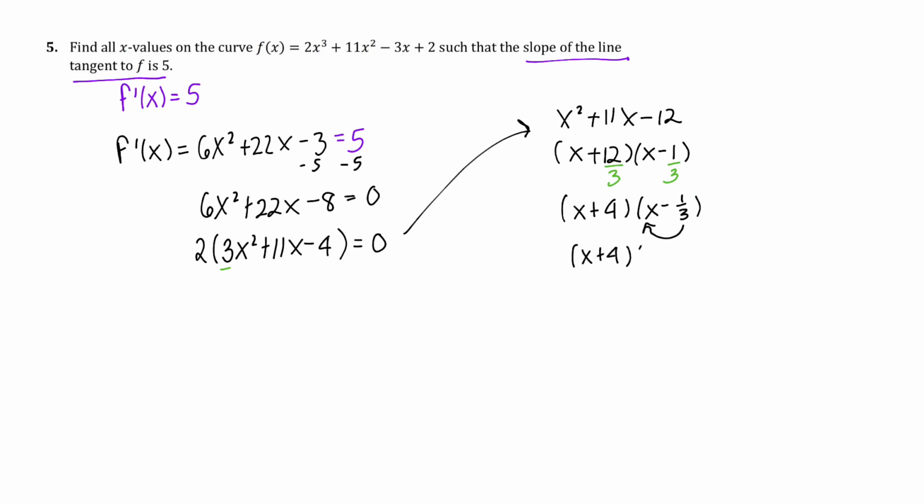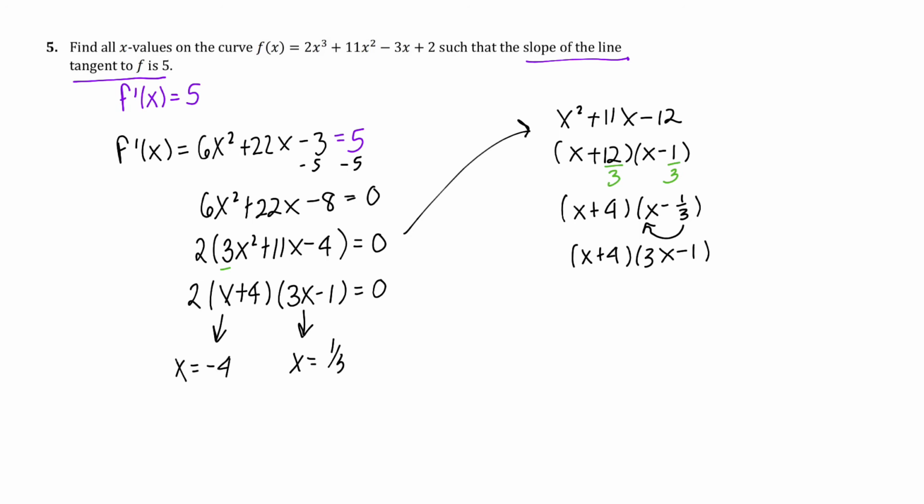So x plus 4 times 3x minus 1, or your favorite method of factoring. I don't care, whatever your favorite method is. So that'll give me x equal to -4 and x equal to 1/3.